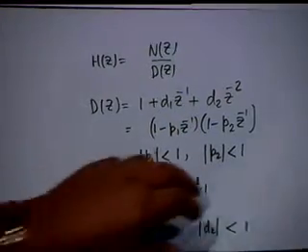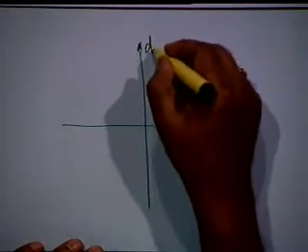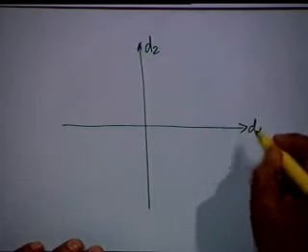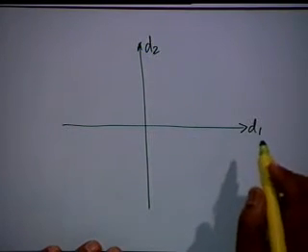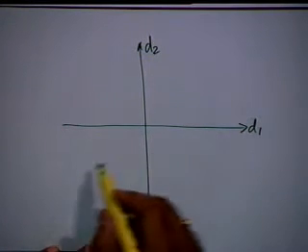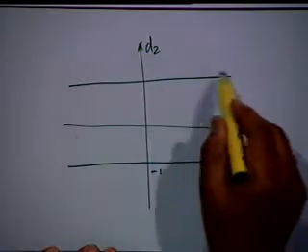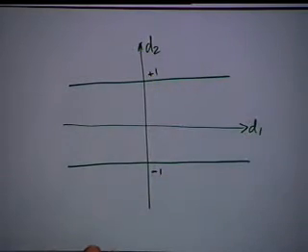In other words, in a parameter plane, that is, if we plot d2 versus d1, then magnitude d2 less than 1 means d2 should be confined between minus 1 and plus 1. Agreed? Minus 1 and plus 1.